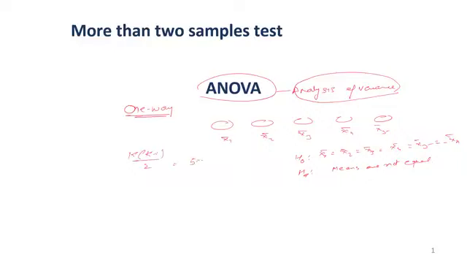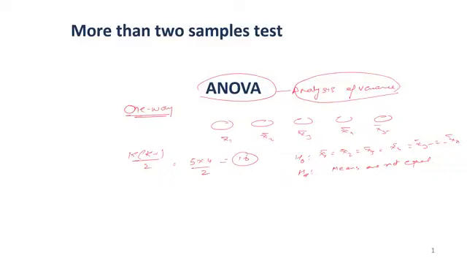Here it would be 5 times 4 divided by 2, which is 10 distinct pairs, and you would have to apply the two sample test that many times to understand which samples are different and which are similar.